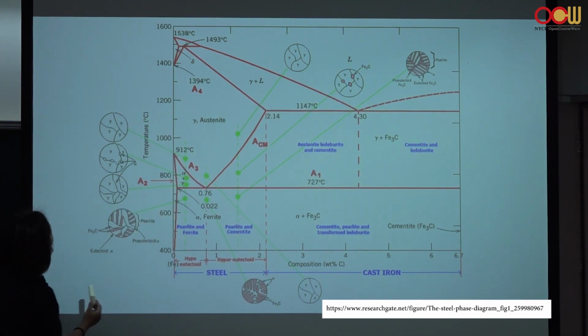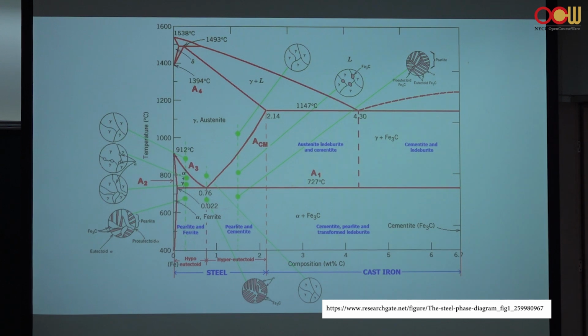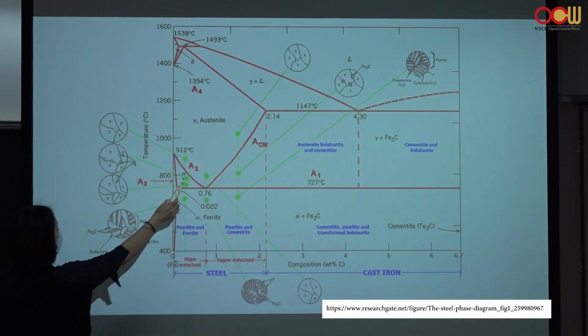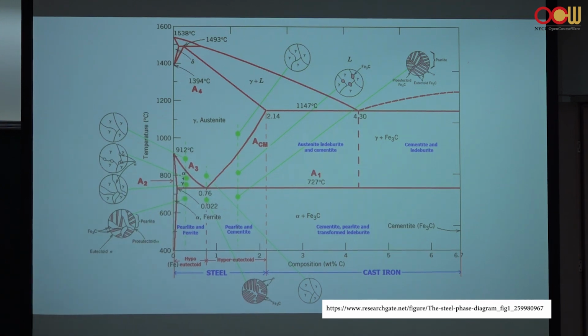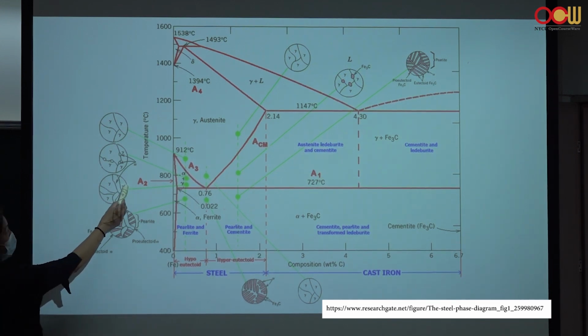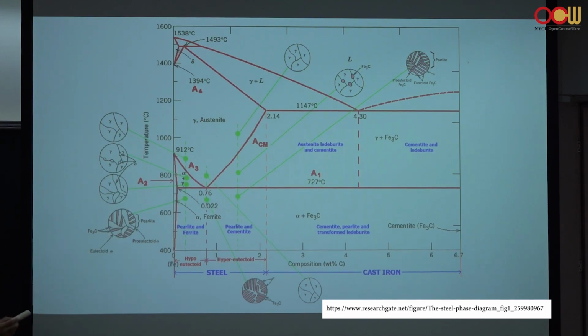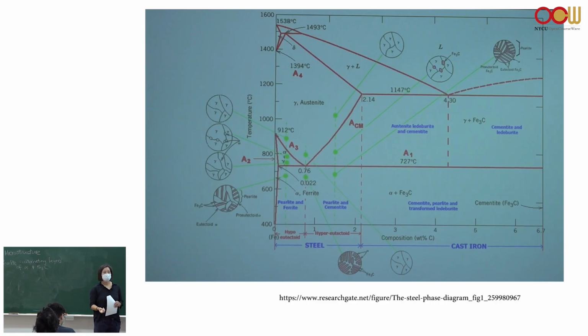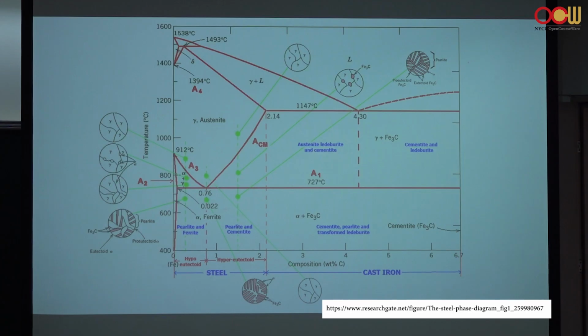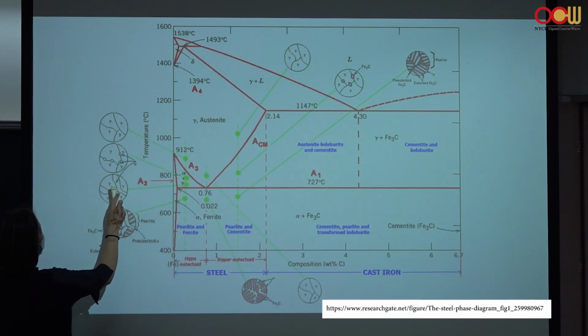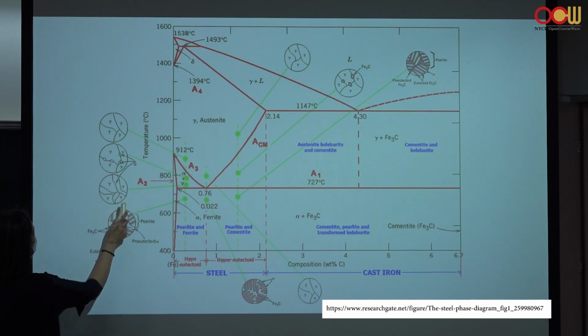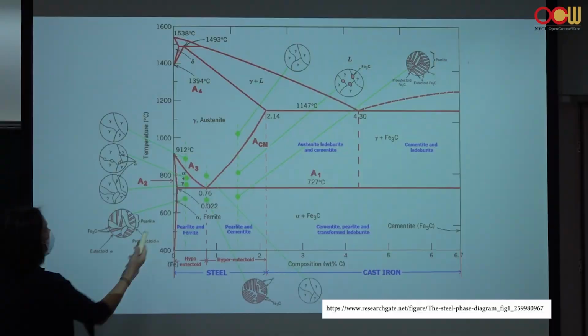You continue to lower the temperature, you get more ferrite, more of the austenite is converted into ferrite, and you lower the temperature some more. The ferrite that was formed before stays, but the austenite that was there before splits into ferrite and cementite. The ferrite is already ferrite, so there's not a lot of driving force.